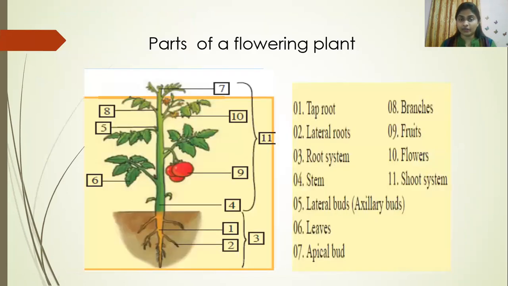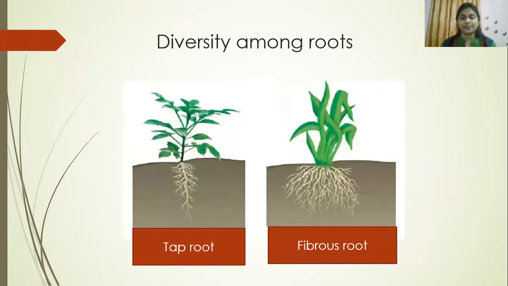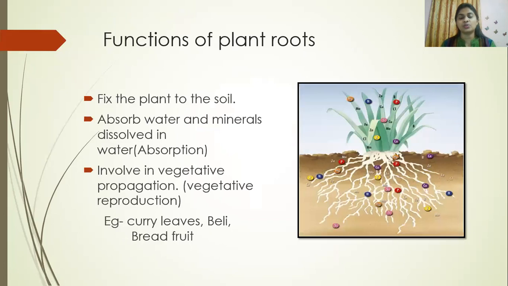Then we identified the parts of a flowering plant like this. Then about the diversity among roots, we got to know roots are mainly divided as taproot and fibrous roots. And we learned about different functions of plant roots.